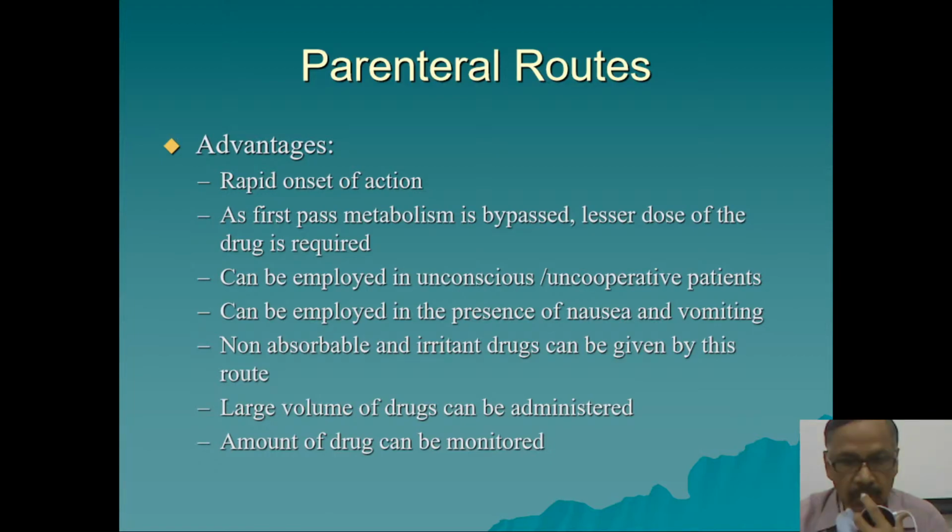Non-absorbable and irritant drugs can also be given by this route. Large volume means you can give liters and liters by this route, and the amount of drug can be monitored by therapeutic drug monitoring by taking a sample and all that. So you can control the drug administration.